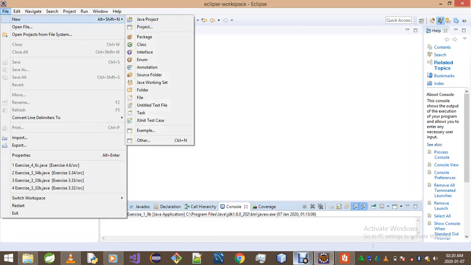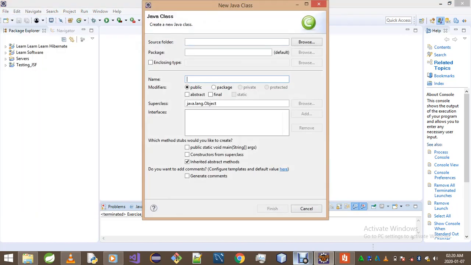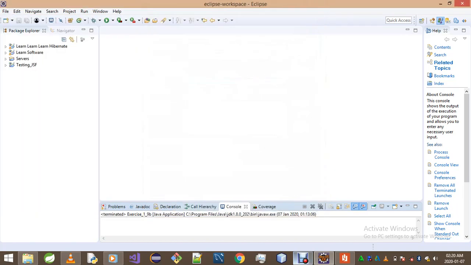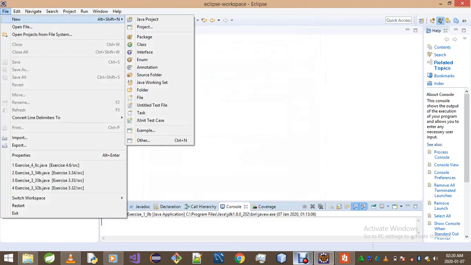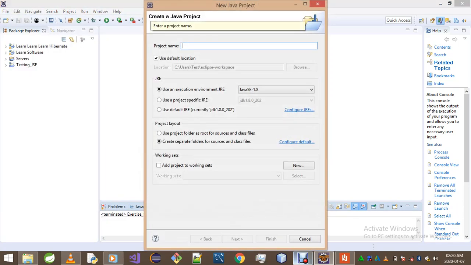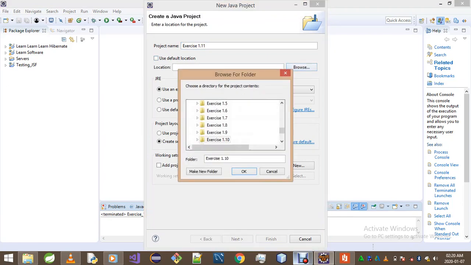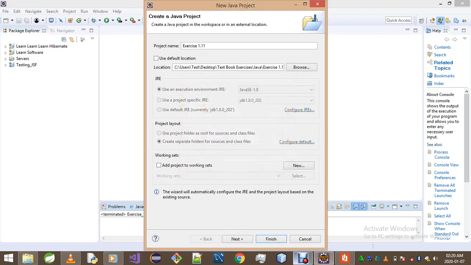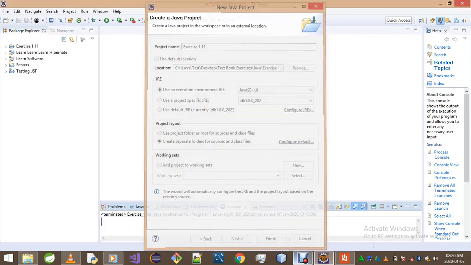In fact, I call this dancing. Before we create an exercise, you have to create a project first and call it exercise 1.11. We choose its location, and finally we hit finish.